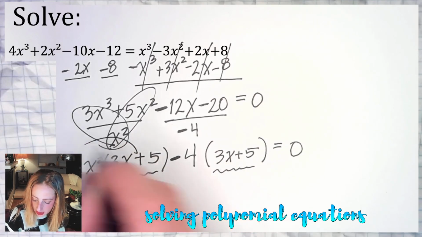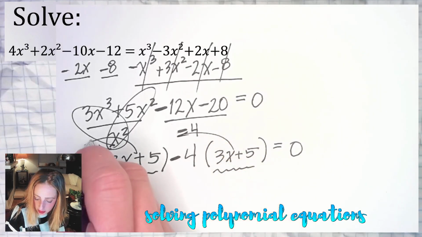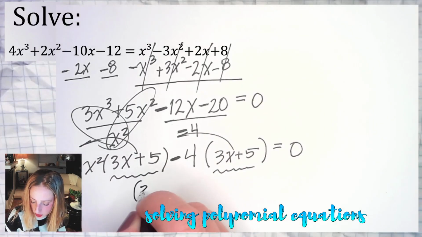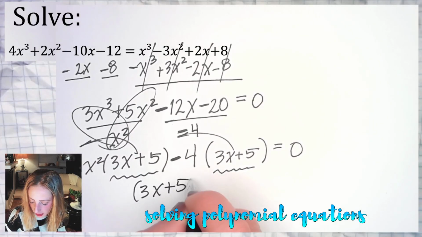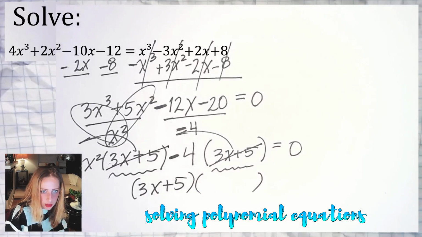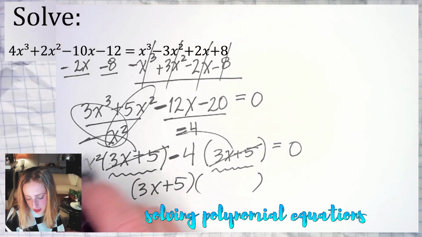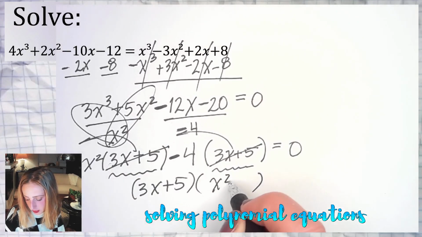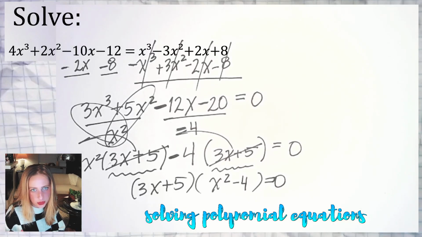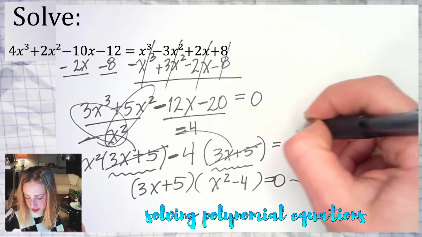So if I pull that out front, one of them comes out front, you're undistributing, okay? What's left is 3x plus 5 out front, factored out, and what is going to be left inside is the x squared minus 4. And remember, it's an equation, it's equal to 0, so you don't want to ever lose the equation characteristic.